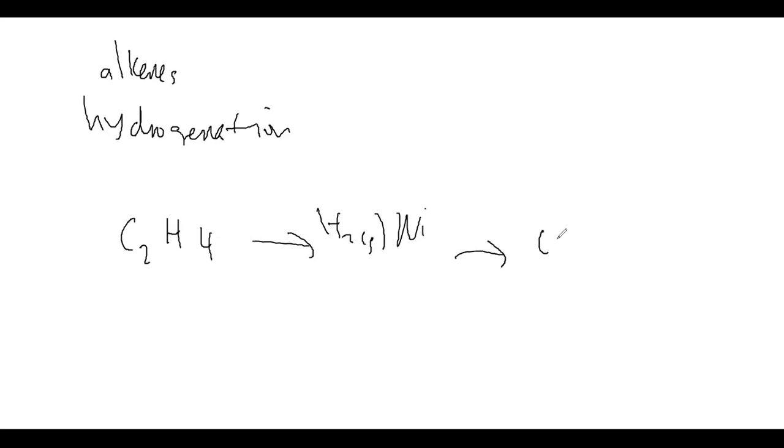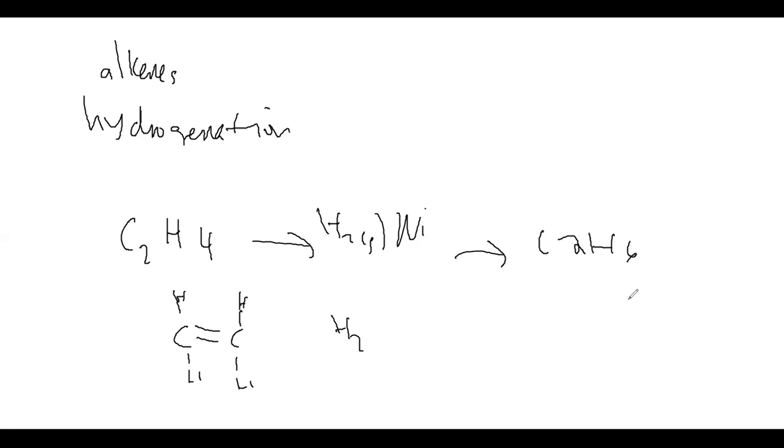So you will have C2H6. So for an example, if you have this right here, you have H, H, H, H, H. If you react H2, this bond removes. So one H is going to go there and one H is going to go there. And that's how we got C2H6.